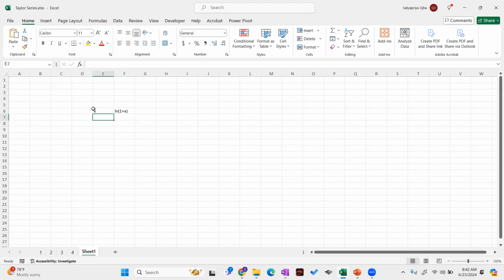Value of x is, let's say, 1, and log 1 plus x is log 1 plus x. And then let's compare. If I make this smaller, 0.5, they are getting close, extremely close. Okay, that's why they are the same if x is small.